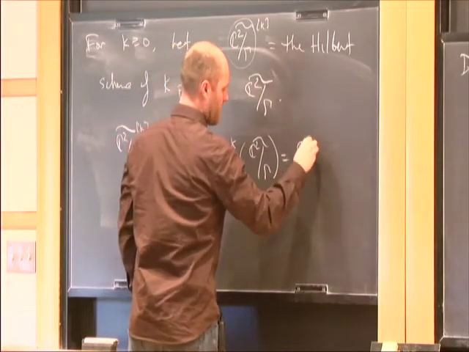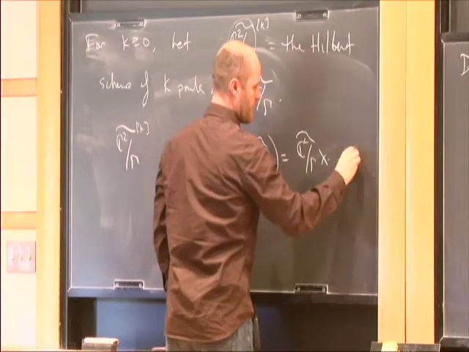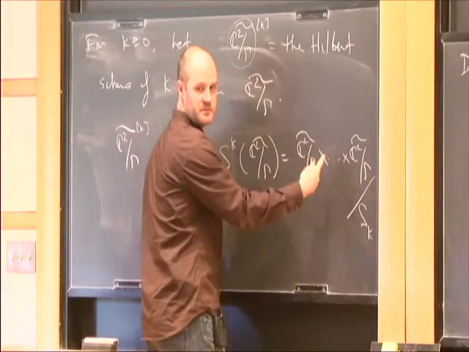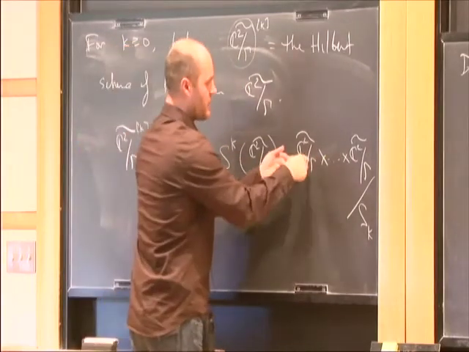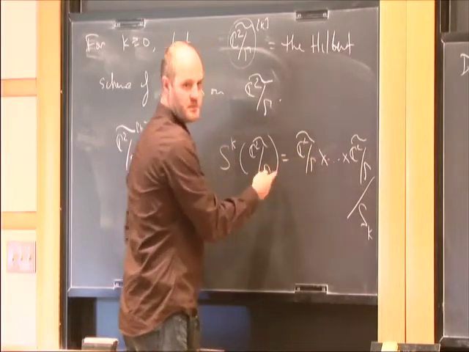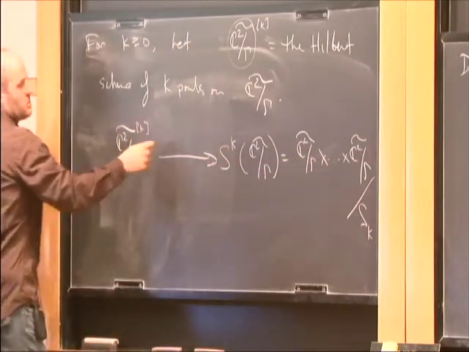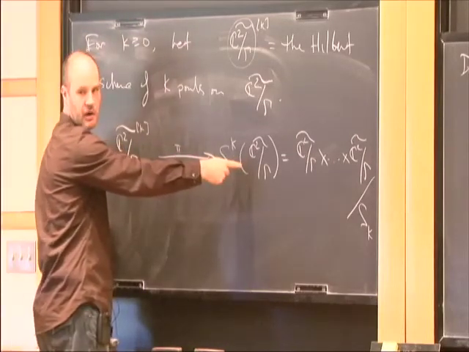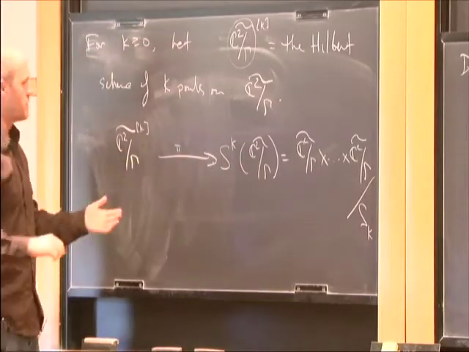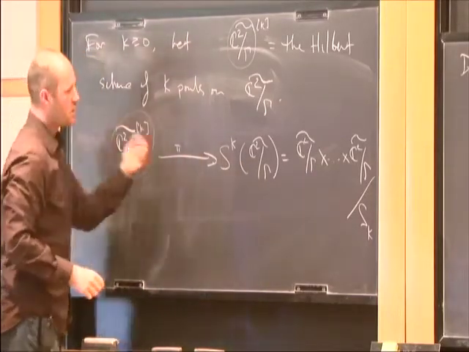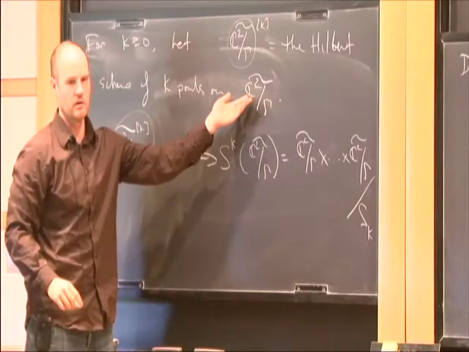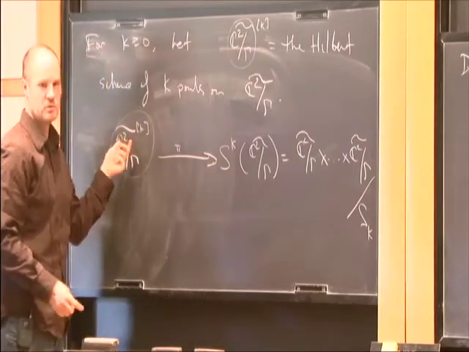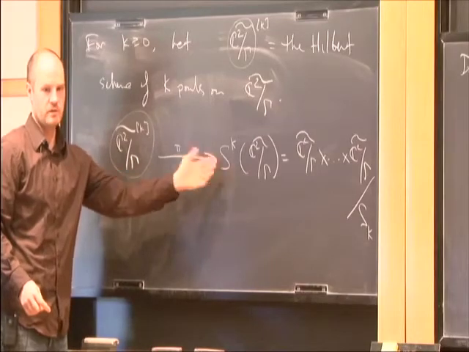You just take k copies of a space and divide by the action of the symmetric group Sk, which permutes the factors. This space has singularities, at the locus where points collide, and the Hilbert scheme is a resolution of this space. So the Hilbert scheme of k points is a smooth space which resolves the singularities in the symmetric product. Informally, a generic point here is just an unordered k-tuple of points on your 4-manifold. But when points collide, interesting things happen, which resolve the singularities in this space.